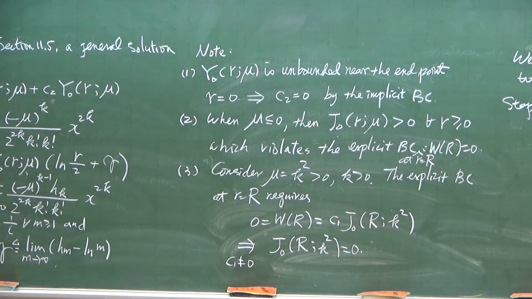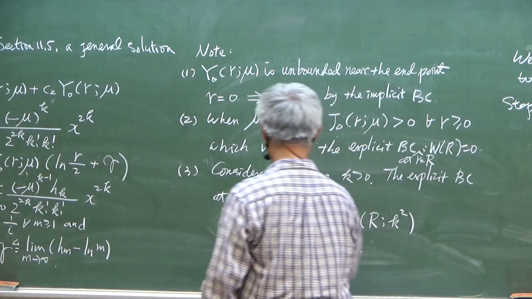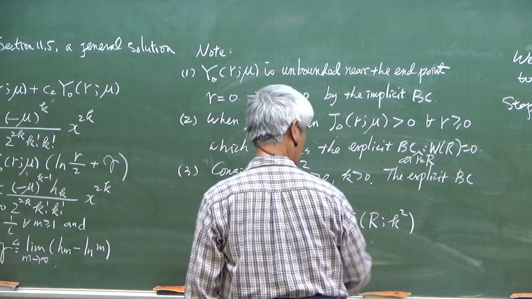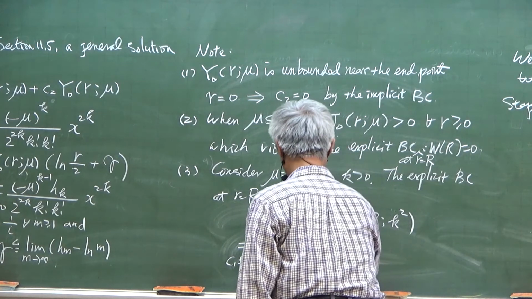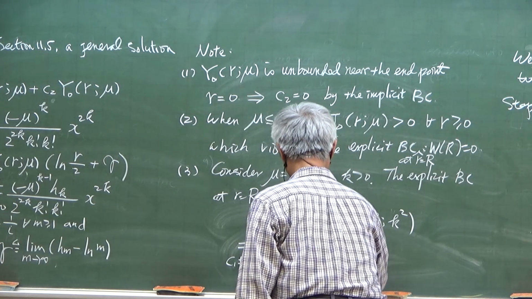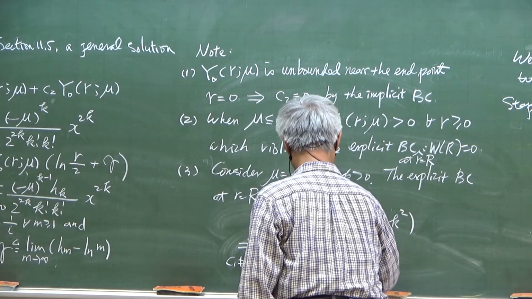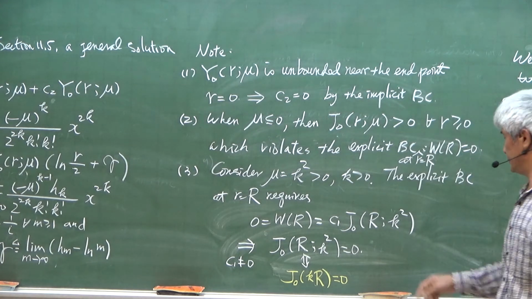And what is that? This is equal to J0(kR) equal to 0. Okay? What is J0?